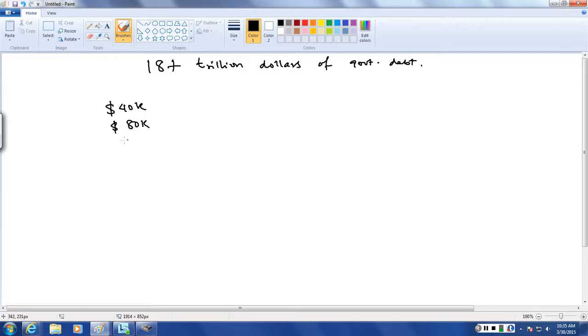If you put 20% down, so what's 80% of 80K? That's $64,000, right? So this is the amount of indebtedness of this person, at least. Am I making sense here? So this is a person earning $40,000 a year, but owes $64,000. $64,000 is bigger than this person's annual income.